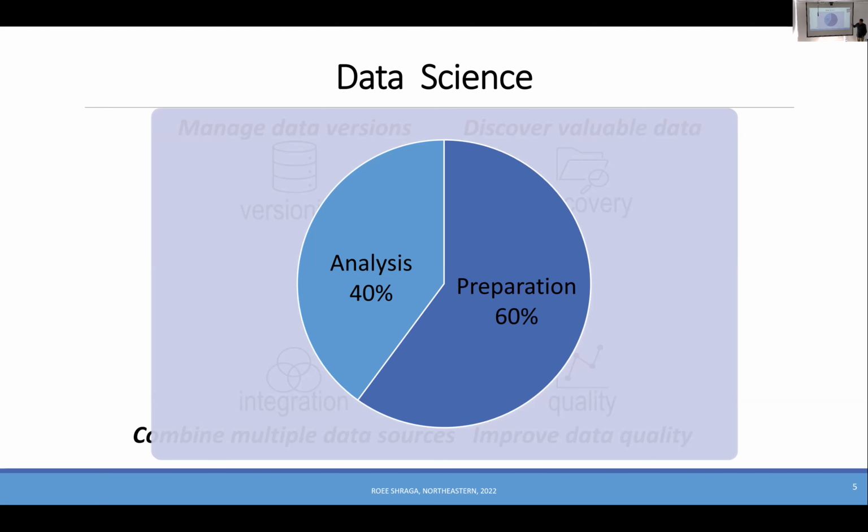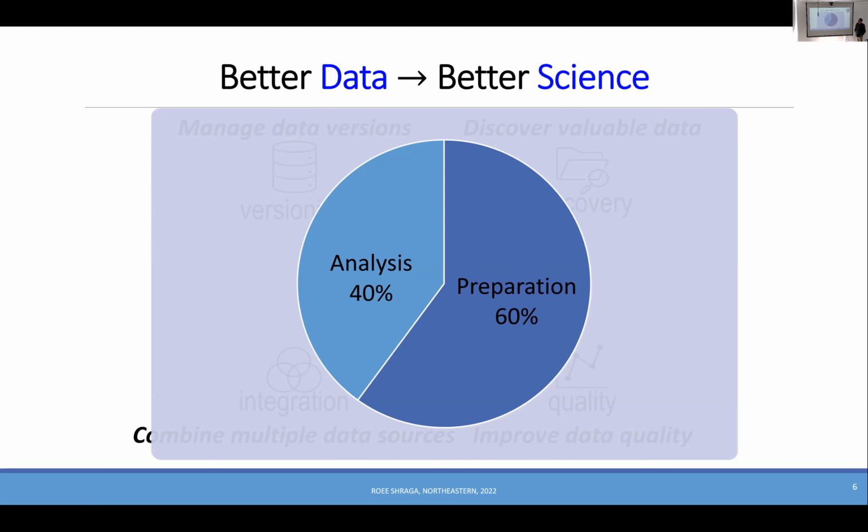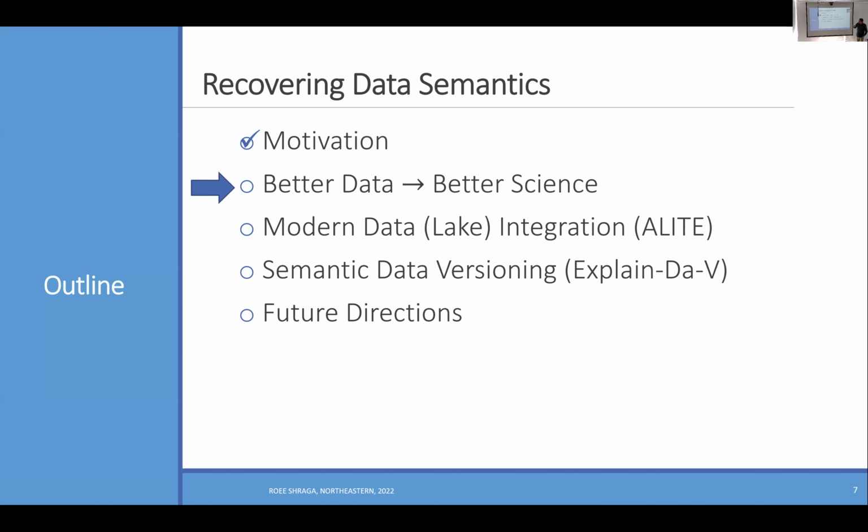I'm not aiming towards fully automated data preparation, fully automated data discovery, and so on. I'm trying to improve it a little bit, trying to make better data for better science. Before I dive into two of my recent works, I want to give you a brief overview of the main objectives of my research.